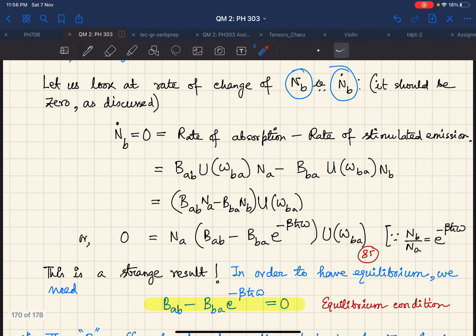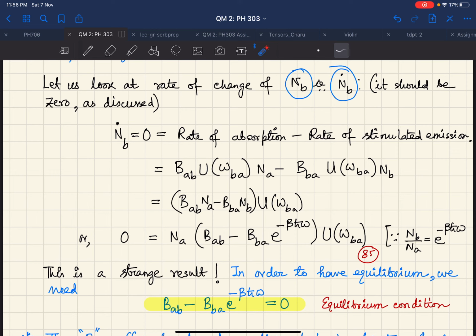Here you already have B_AB U N_A, and here you have B_BA U N_B. So B_AB times N_A, and here you have B_BA times N_B, and then you have U omega_BA sitting here. But then you take N_A common, it takes this N_A out of the bracket, and then you have B_AB minus B_BA, and then N_B by N_A. But N_B by N_A, on the very first day I have said, is nothing but e to the minus beta h bar omega. We have already seen this also. And then your U omega_BA is there.